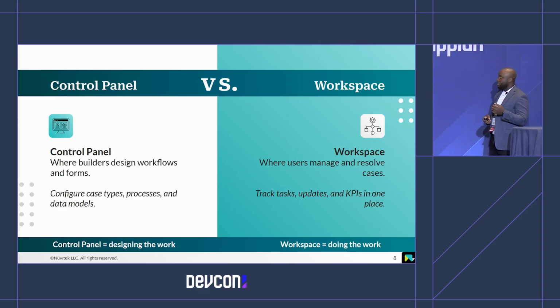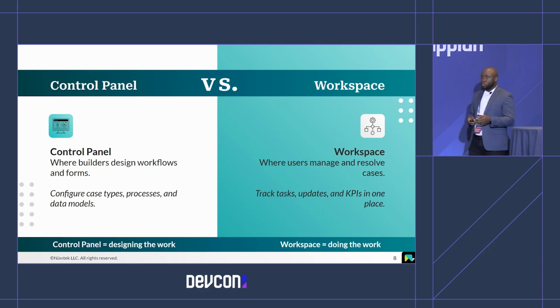So case managers actually work out of the control panel. The control panel is where case managers go in to configure the workflows, processes, and rules that the case workers eventually use as they take action on the cases. As opposed to the control panel, case workers work in Workspace.